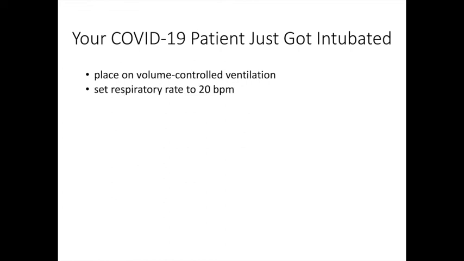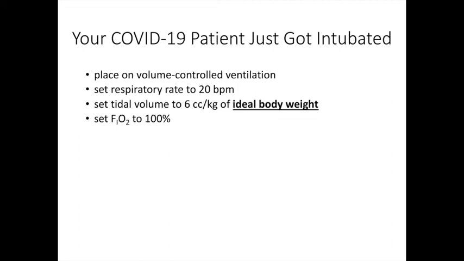So let's say your COVID-19 patient just got intubated. You should place the patient on volume-controlled ventilation, set the respiratory rate to 20 breaths per minute, set the tidal volume to 6 cc's per kg of ideal body weight, set the FiO2 to 100%, set the PEEP to 15 centimeters of water, and then perform an inspiratory pause maneuver to check the plateau pressure.